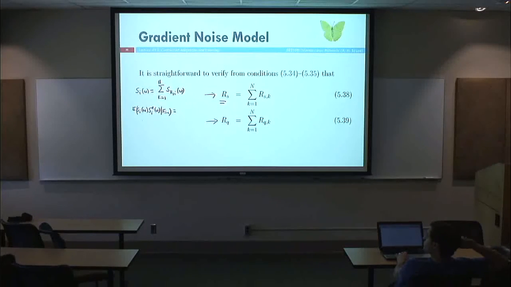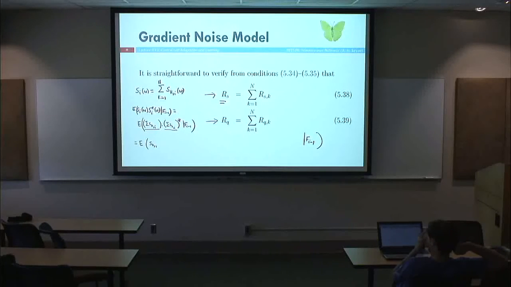So you have to compute the expected value of that sum times the sum star, conditioned on the past. This sum here, the sum of the S_k,i, the sum of the S_k,i. Now, when you multiply this sum by that sum, this is the expected value of a whole bunch of things conditioned on the past.